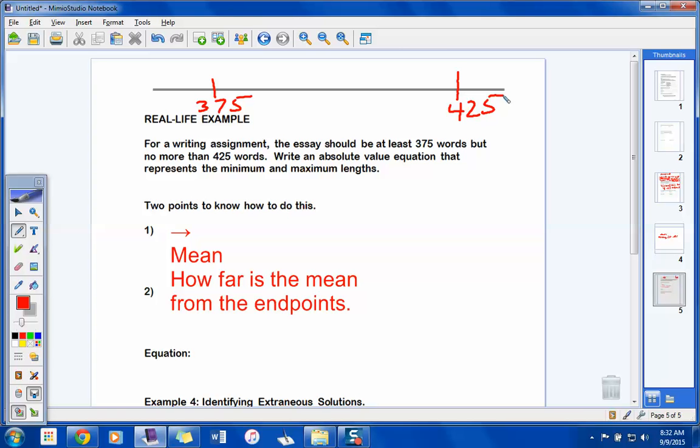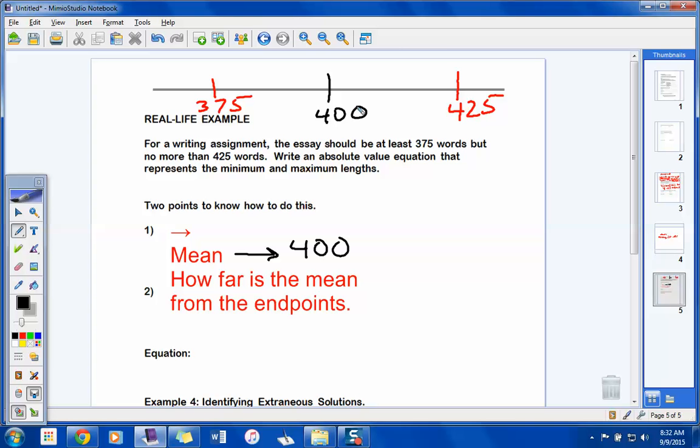400. Yep. If I add those two values up, divide by 2, the mean is, in this case, 400. Okay? It's right in here. 400. All right? Well, then the next question becomes this.